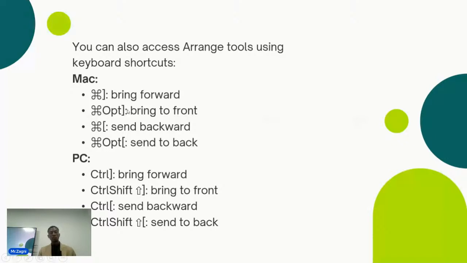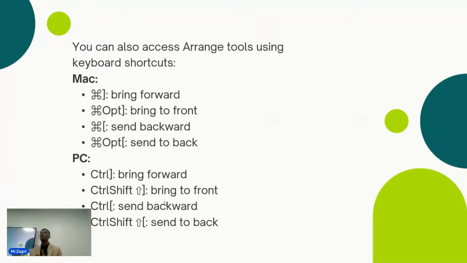For PC, it's control, and control shift is to bring to the front. Then control with this sign, I can't remember its name, is to bring it back, and this one is to send it back. So this is how you can use shortcuts to do that. I'm teaching you this because these are the basic principles that you need to know. It's just for you to know your layout, where your layers are, and some of the shortcuts.